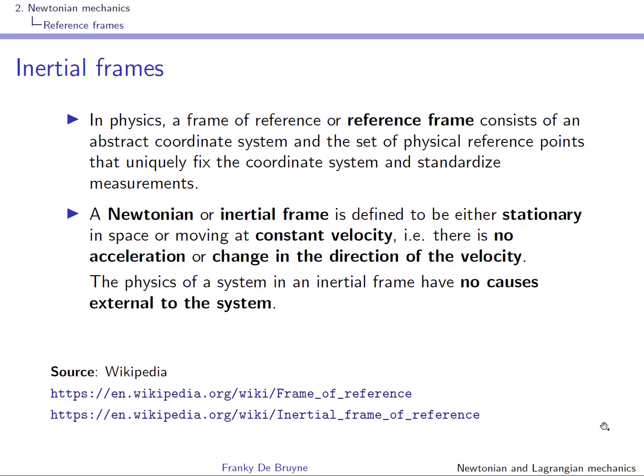This means that the speed remains constant, there is no acceleration, and there is also no change in direction of the velocity. Those reference frames are called Newtonian or inertial. And if you describe the motion of a system in such a frame, you only have to look for forces that are inside the system. If you work with non-inertial frames, we'll see that you have to work with fictitious forces, and these fictitious forces have their origin outside of the system.